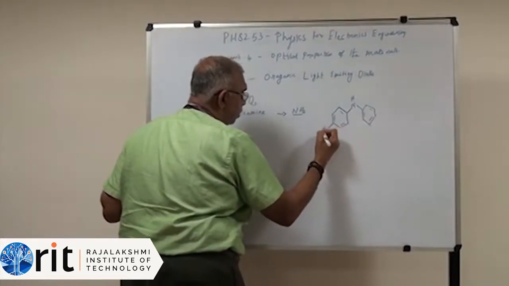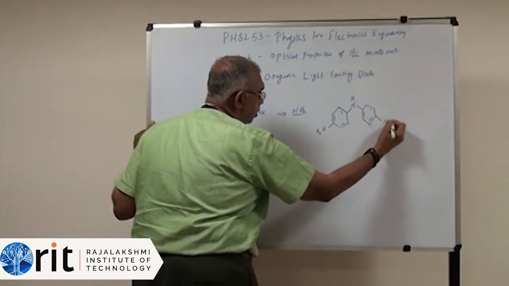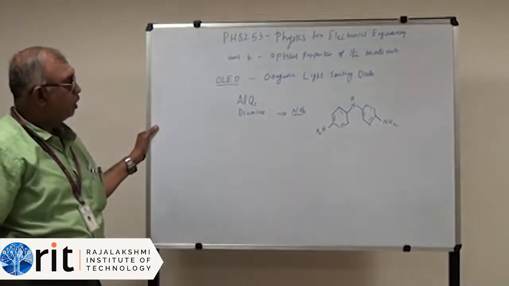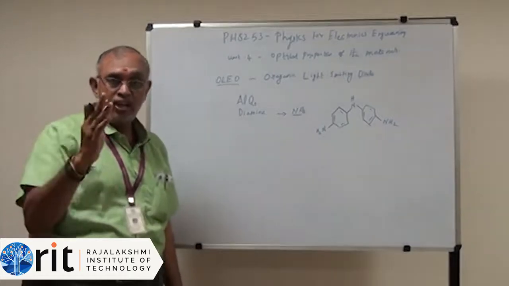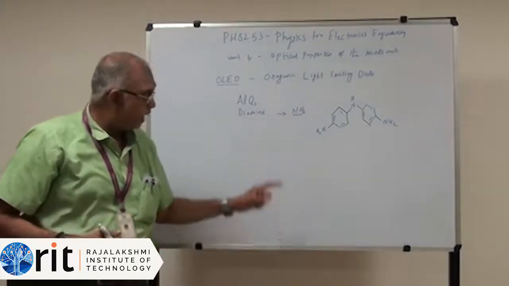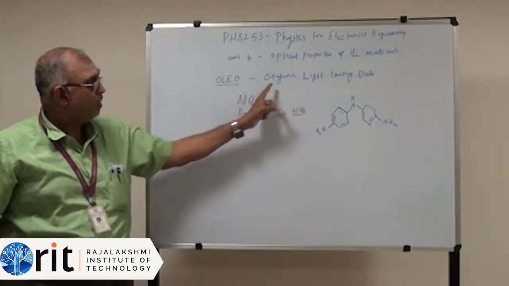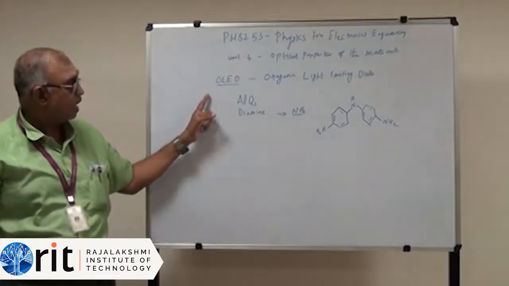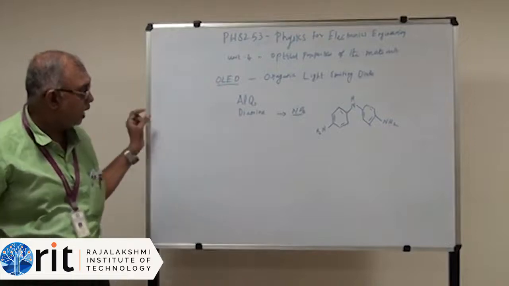Here it is NH2, and here it is NH2. These organic compounds have semiconducting properties. Those semiconducting properties are harnessed in devising a device known as a light emitting device. This property is used to devise the OLED.